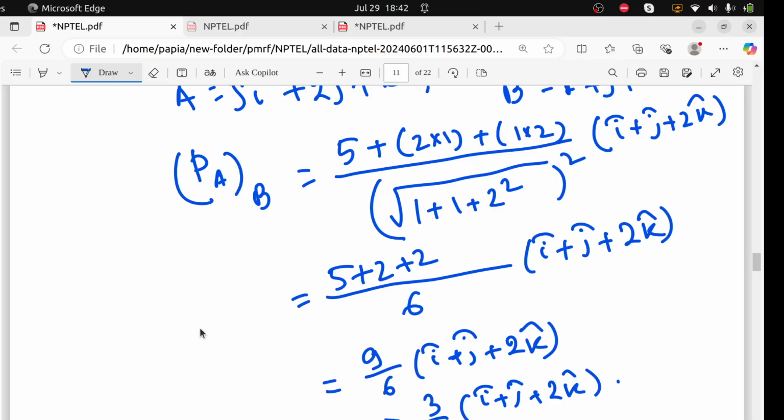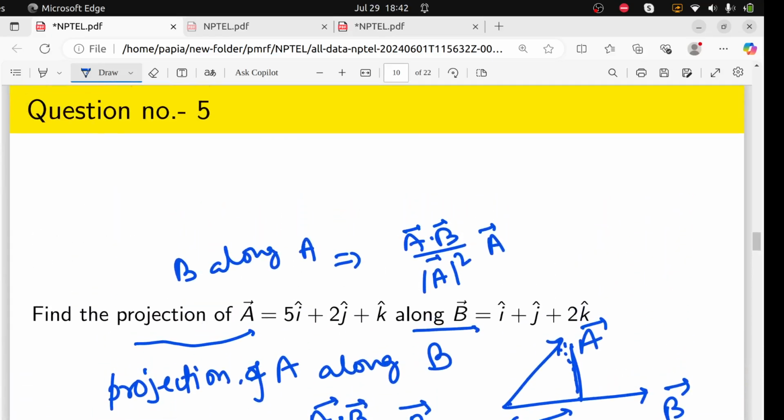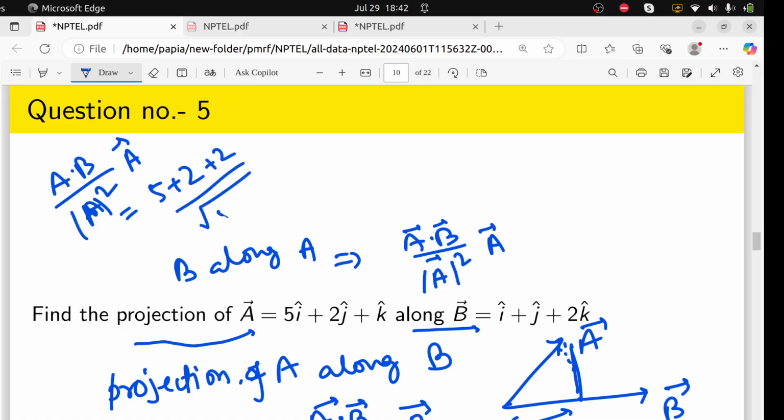Okay. So if I want to change the question a little bit, the projection of B along A cap is exactly the same as A dot B divided by A square and A cap. So for that case, what will be the answer? 5 plus 2 plus 2 divided by root of 25 plus 4 plus 1 whole square, and then 5i cap 2j cap plus k cap.